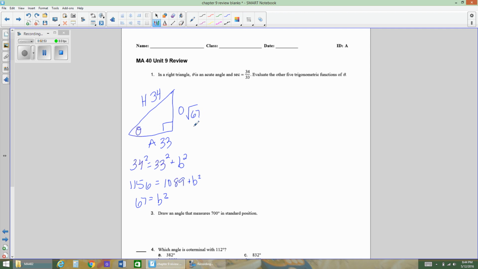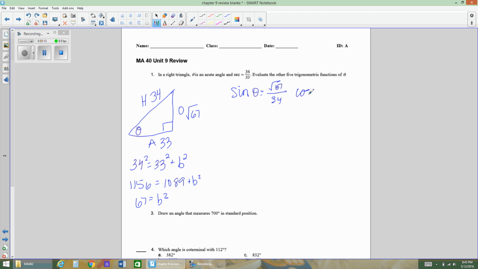Okay, so now I can do my sine theta, which is opposite over hypotenuse. So the opposite is the square root of 67. The hypotenuse is 34.